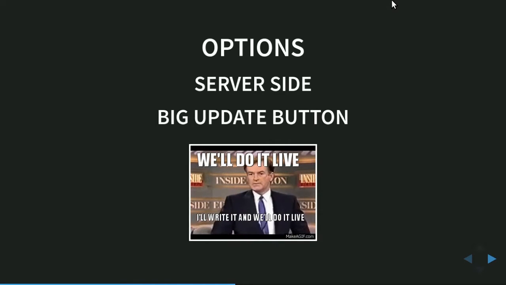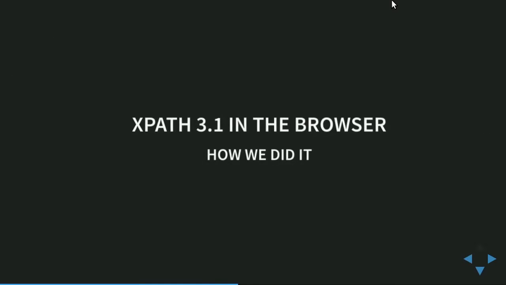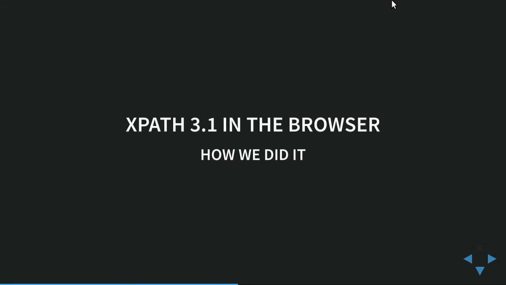Or we do it live. Obviously, we chose the last option, because it's more awesome. For this, we need an XPath engine in the browser, because Schematron rules can essentially be rewritten to XPath queries, matching all nodes which are invalid.